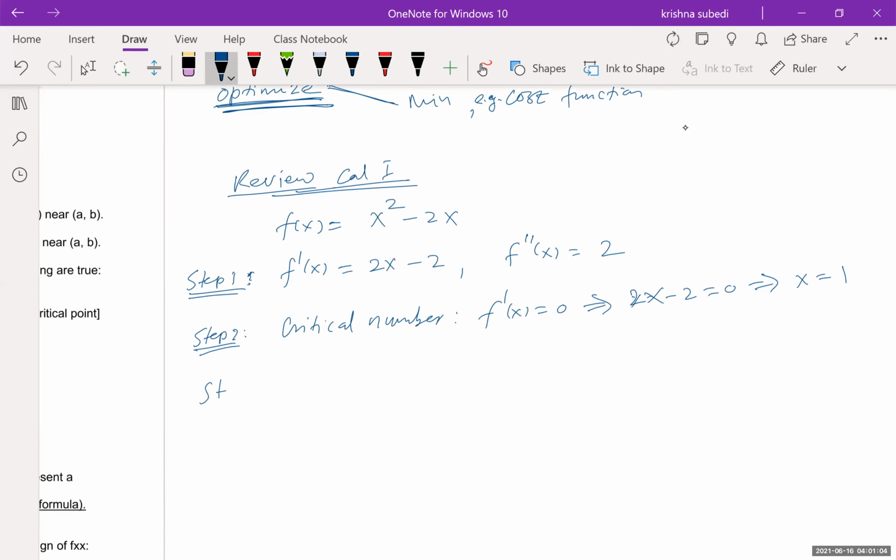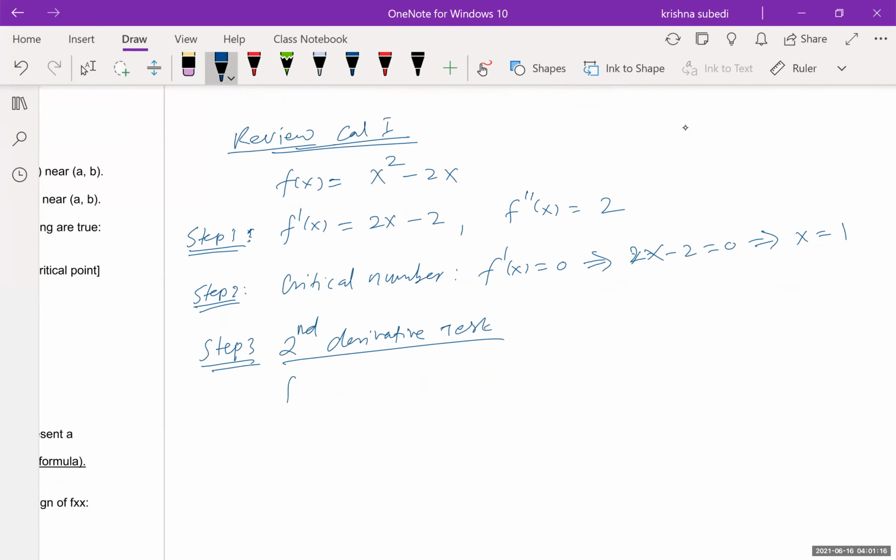Now in step 3, you do the second derivative test or first derivative test. In the second derivative test, you just find the second derivative, which we already found, which is 2. Since the second derivative is positive, the graph is concave up.